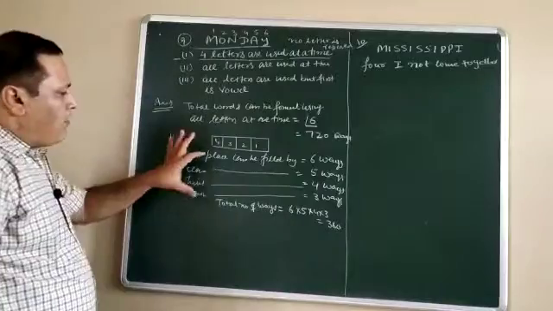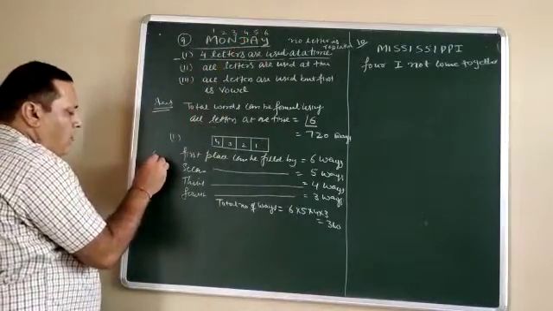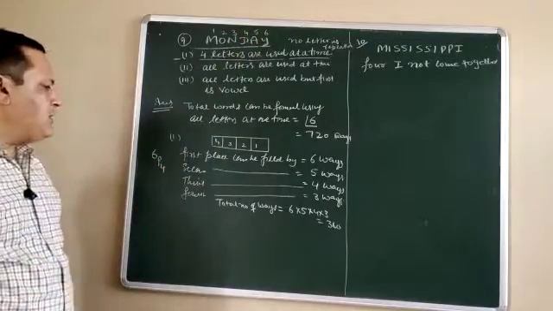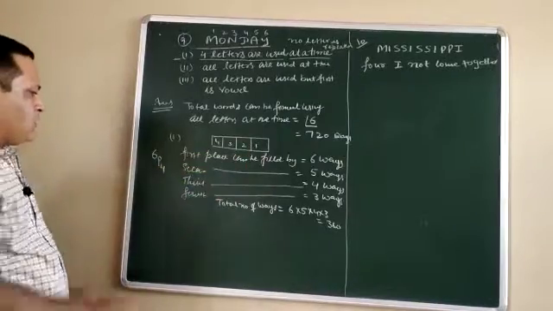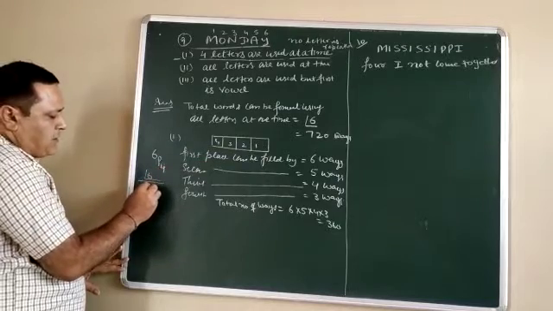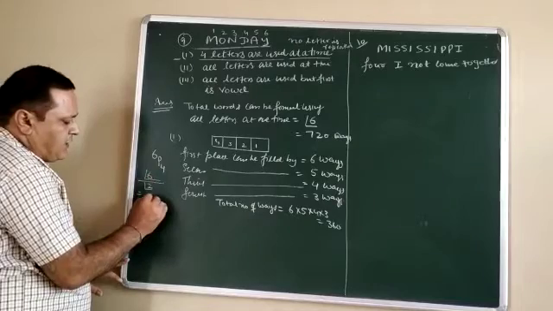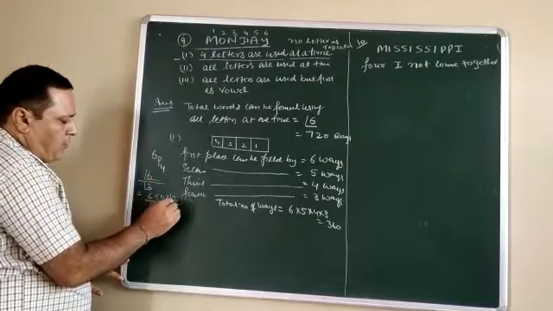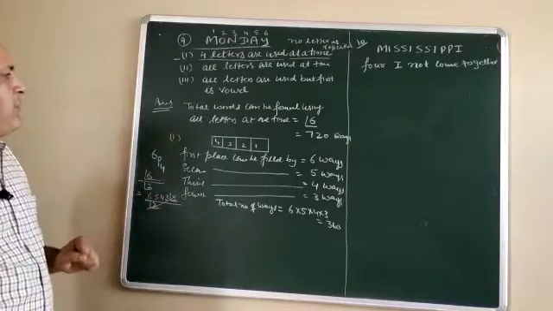Or if you write directly, out of 6 you want 4, you can write 6P4. 6P4 means 6 factorial upon 6 minus 4, that is 2 factorial. If you open it, 6 factorial is 6 into 5 into 4 into 3 into 2 factorial upon 2 factorial. You will get the same result. So it is the second method, you can simplify it.